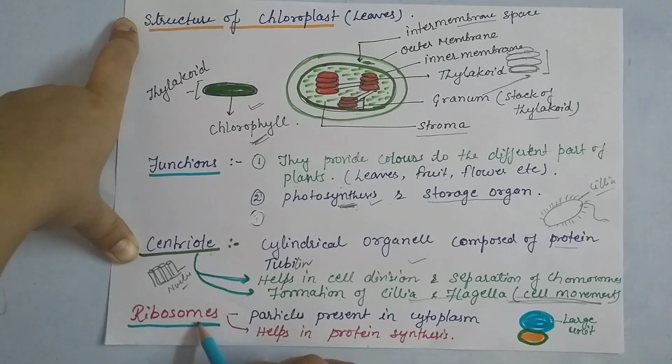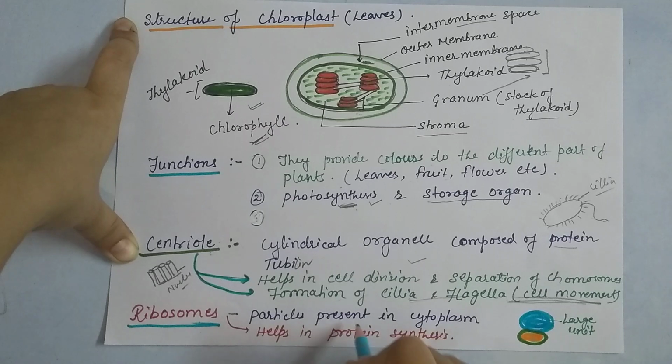The second one, which is also very important, is ribosomes. You studied this word ribosomes in many places, like in the endoplasmic reticulum, where the rough endoplasmic reticulum contains ribosomes.